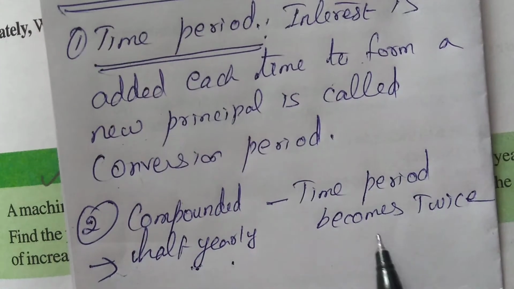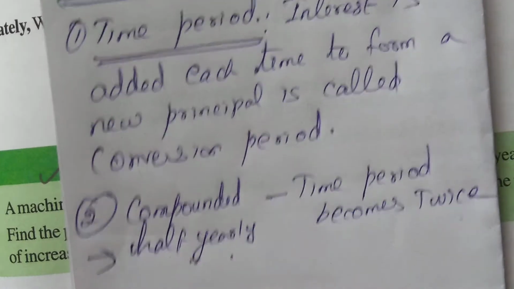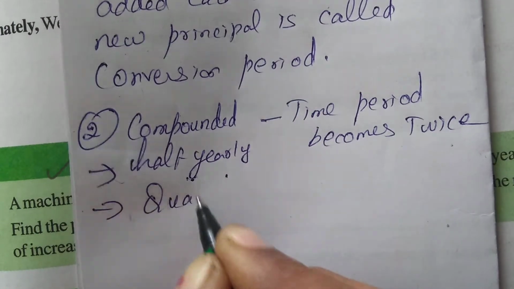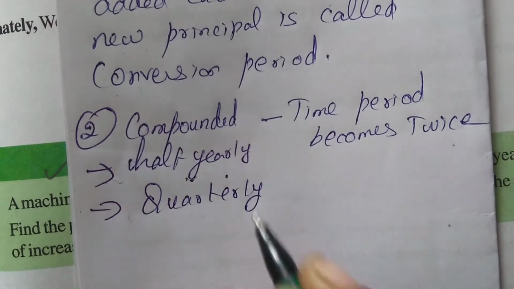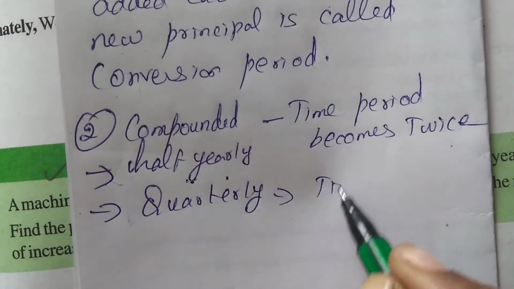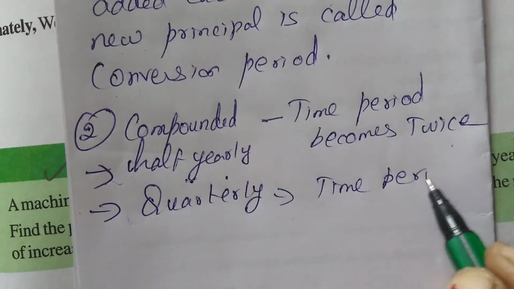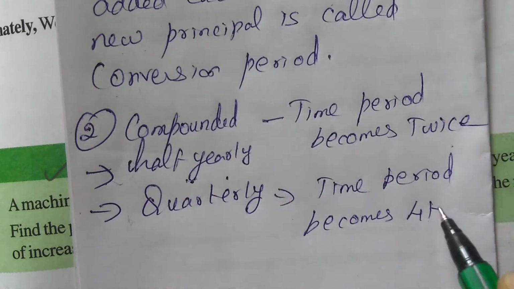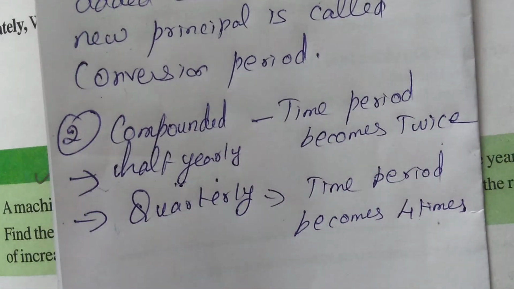And if they say quarterly, time period becomes 4 times, because in a year we have 4 quarters. So in quarterly, time period becomes 4 times.